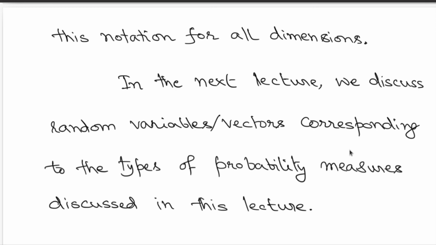But we have now said that convex combinations of Dirac masses are mutually singular with respect to the Lebesgue measure. Alright, but we have also discussed probability measures which are absolutely continuous with respect to the Lebesgue measure. Now corresponding to every probability measure you can construct random variables. So now we are going to see these different types of random variables corresponding to probability measures which are absolutely continuous with respect to the Lebesgue measure.